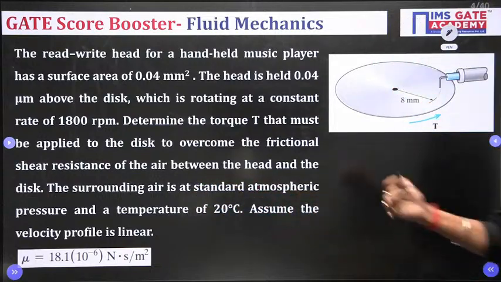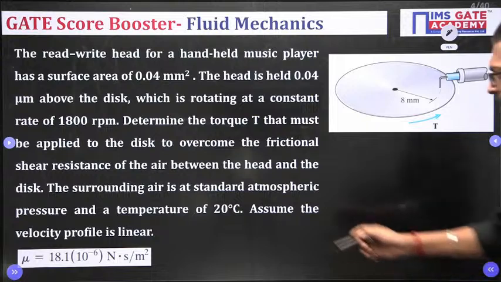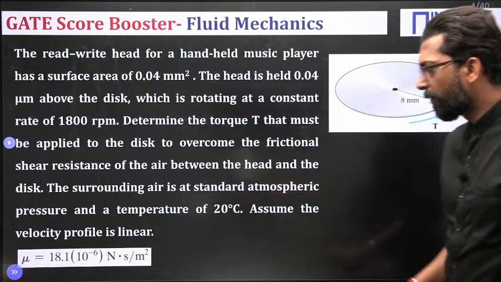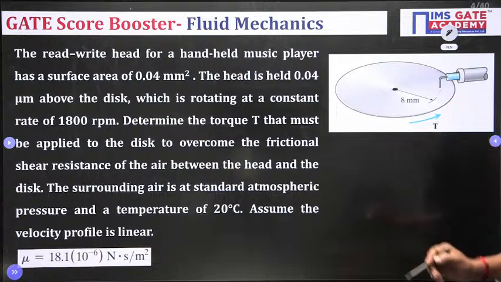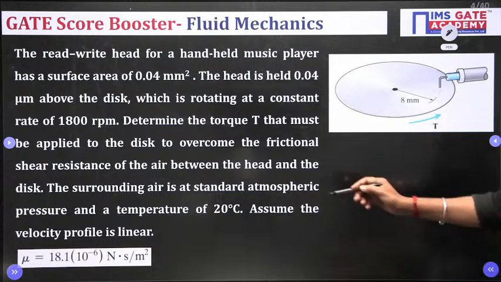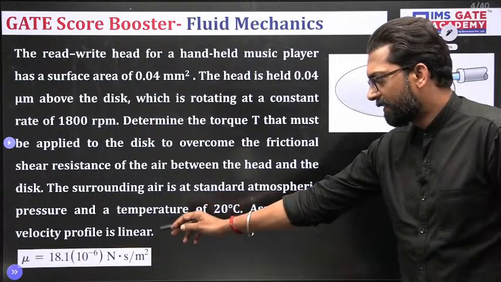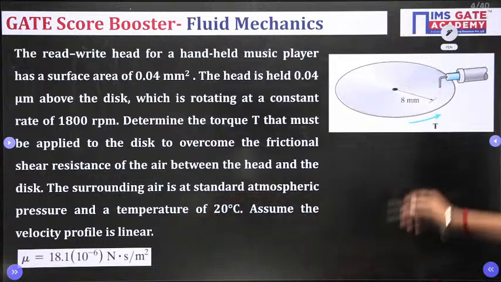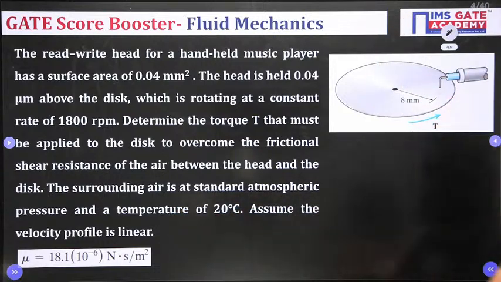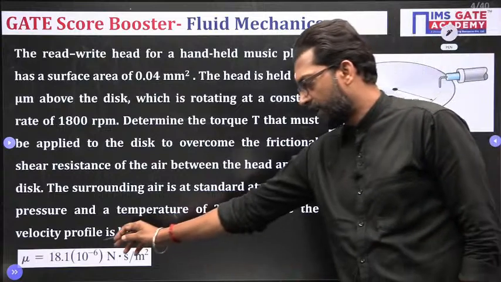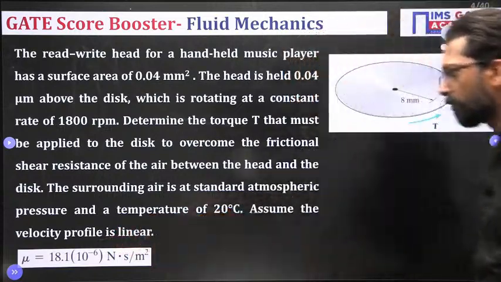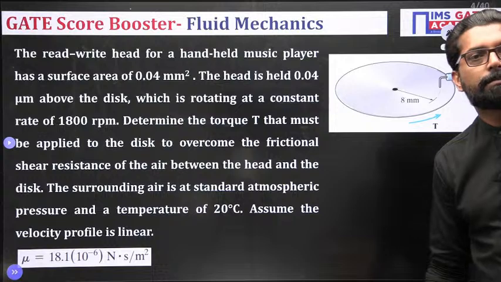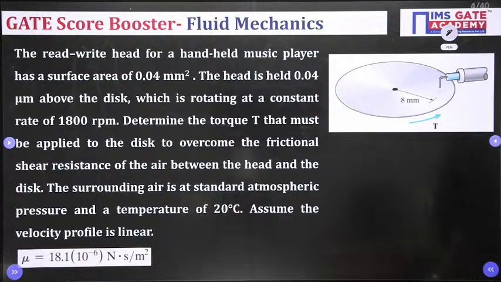Assume that the velocity profile is linear, since the gap is very thin. The viscosity of the fluid, air, is very low: 18.1 times 10 to the power minus 6 Newton second per meter square.